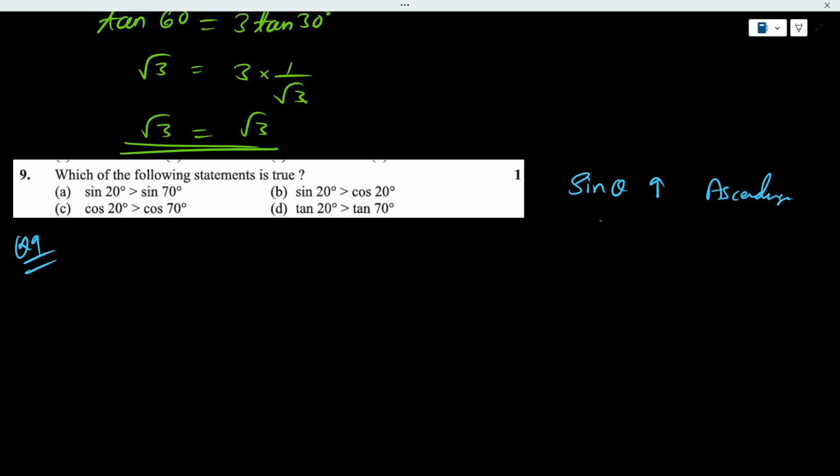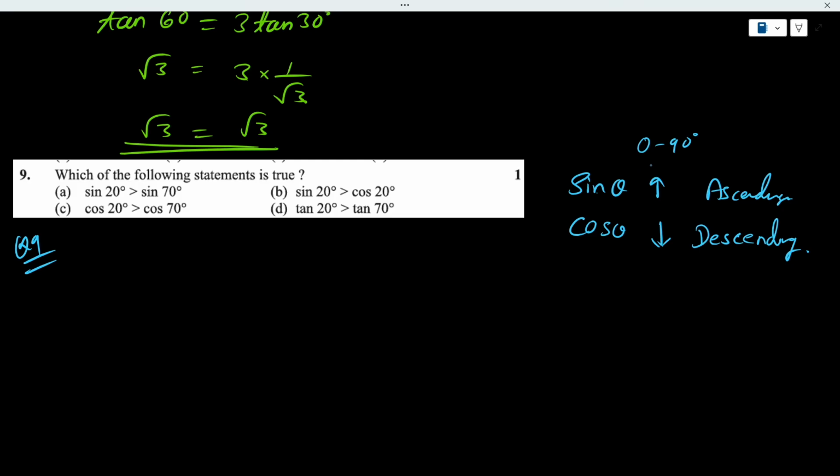Similarly, cos theta from 0 to 90 degrees decreases, that means it is in descending order. The greater angle will have a smaller value, and the smaller angle is going to have a greater value.